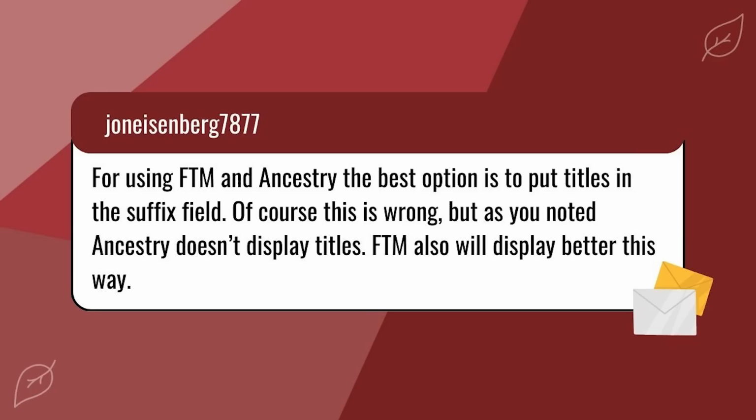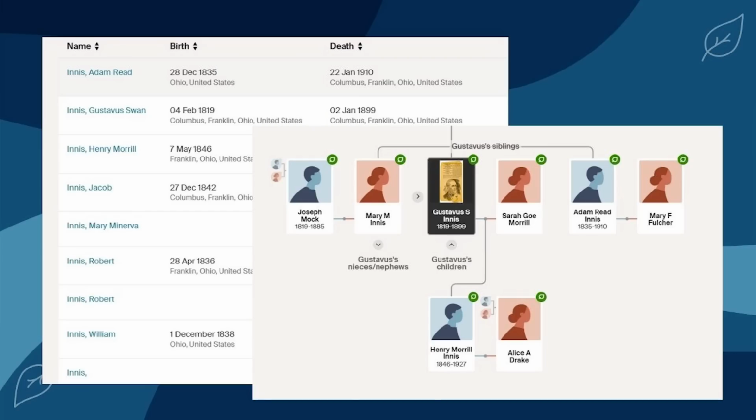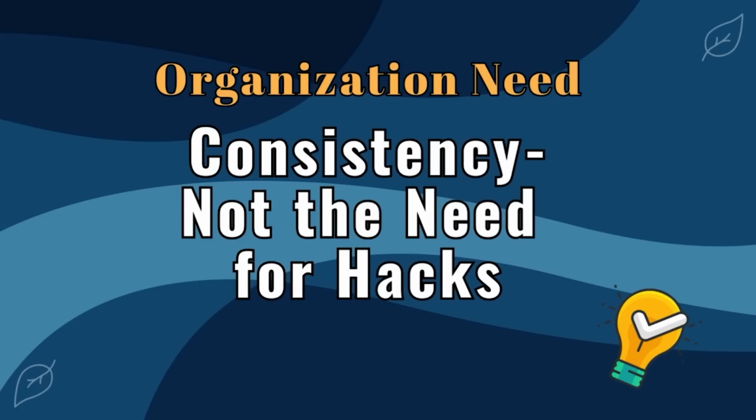Joan Eisenberg and Sharon Tabor both use the suffix field for titles because Ancestry and Family Tree Maker don't display them correctly otherwise in the name indexes. Now, again, this problem isn't what works for individuals. It's that we have to find workarounds in the first place.